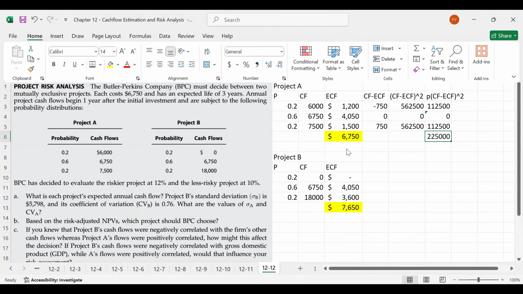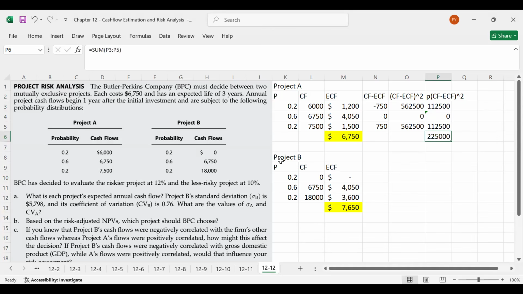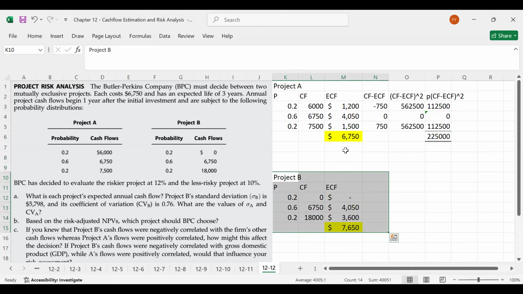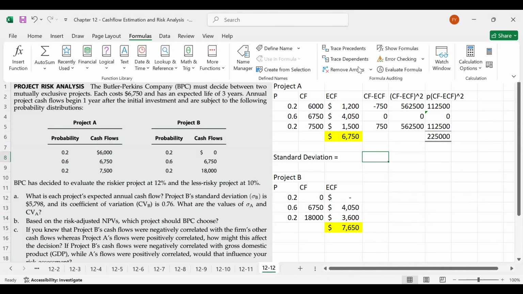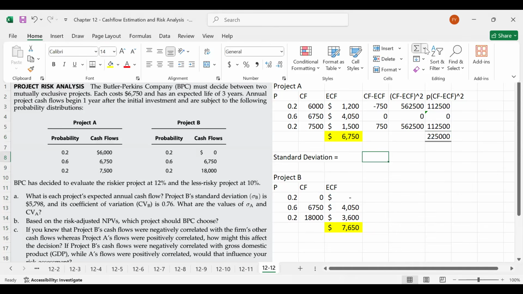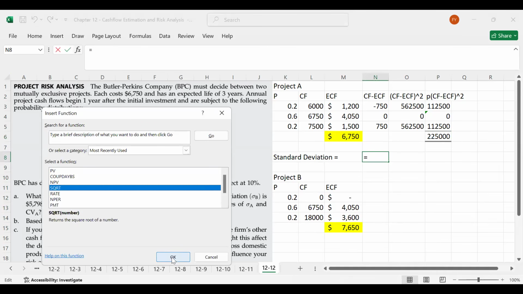So the next requirement is we take the standard deviation. Standard deviation is simply the square root of this amount. You can do it with formulas and functions, or on your calculator.